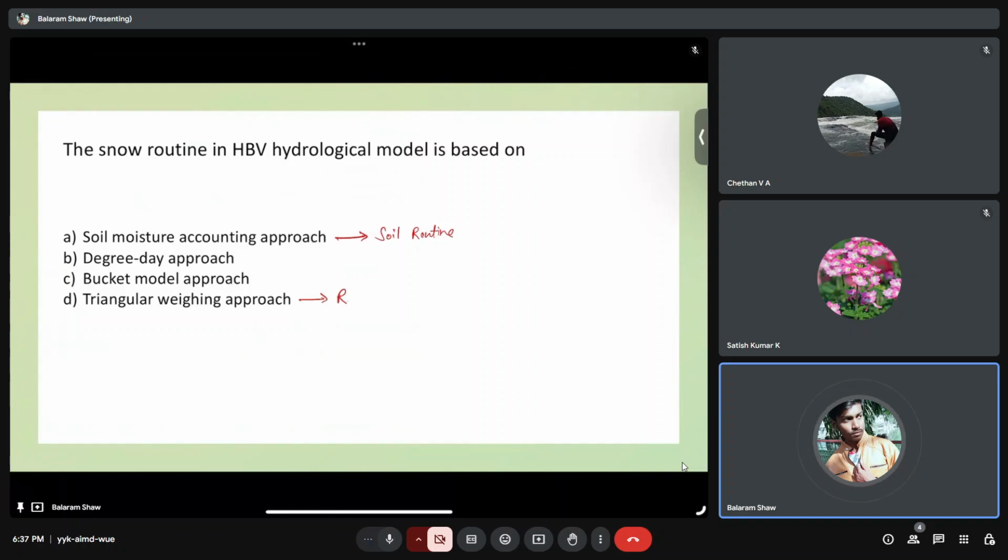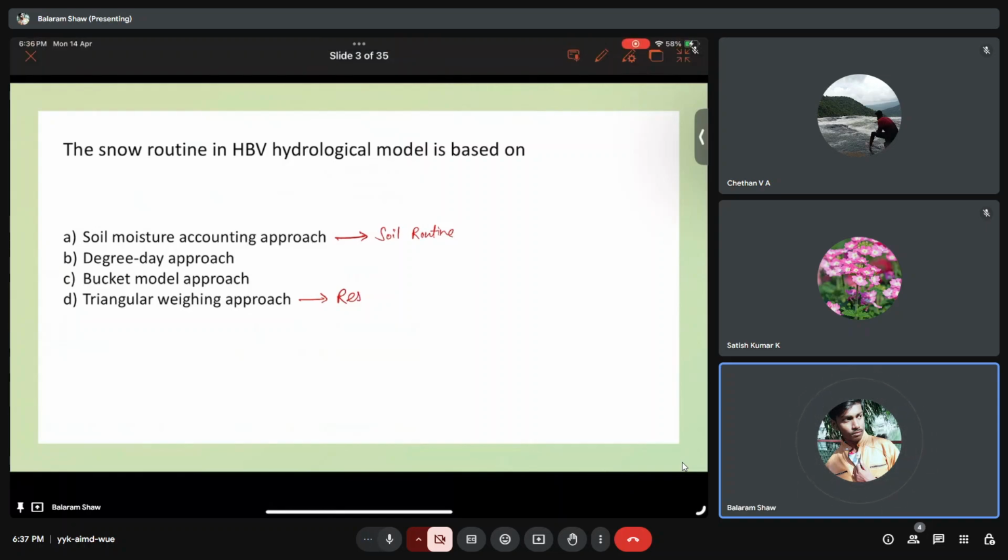This is the routing approach. The bucket model we have seen. This is in the response function. And the degree day approach is considered in the snow module or the snow routine. Right? So the correct answer will be degree day approach.